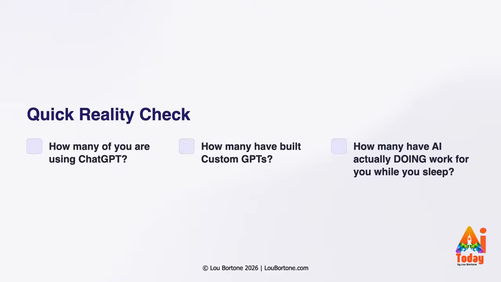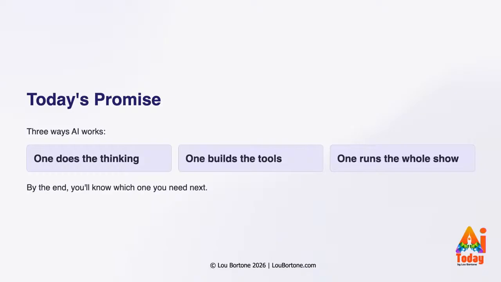And these 3 questions are basically what we're going to look at, because the way AI works, or a few of the ways AI works, is one does the thinking, those are like custom GPTs. One builds the tools, and that is sort of the vibe coding piece. And then one runs the whole show, and that is when we get more into agentic AI.